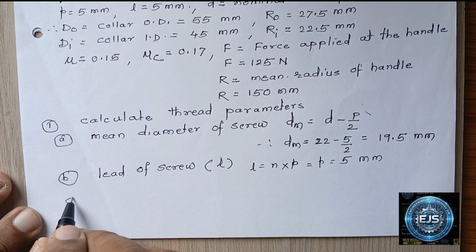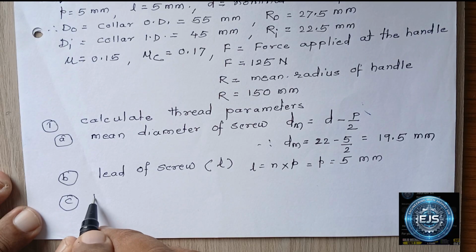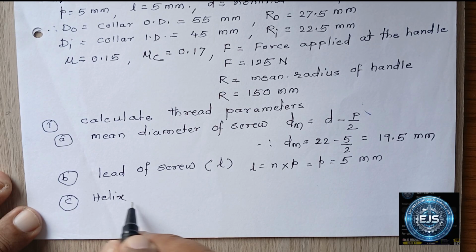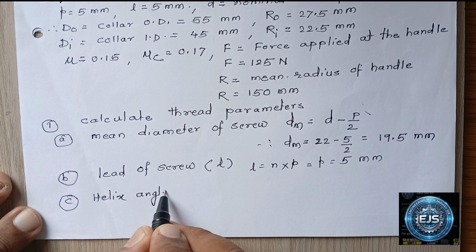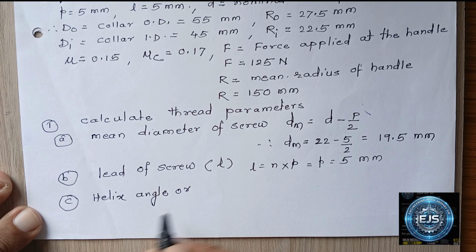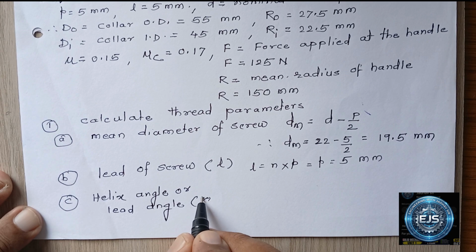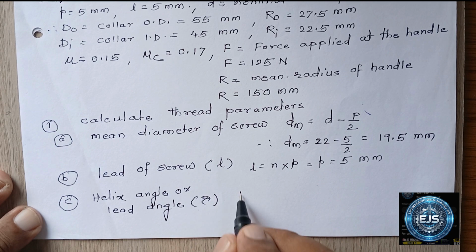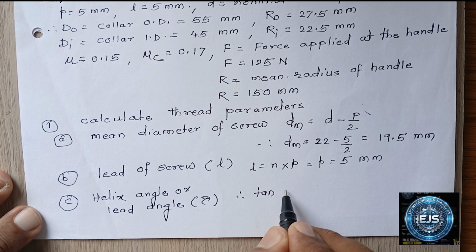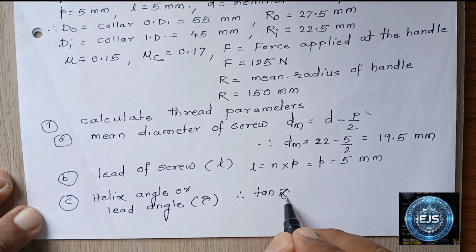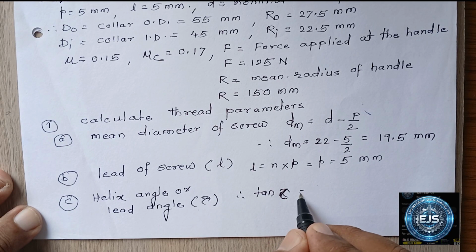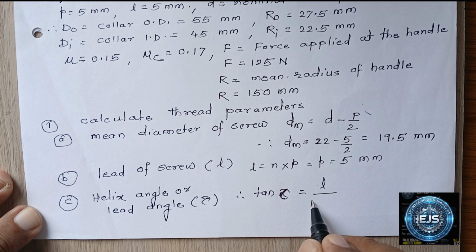Then we have to calculate the helix angle, or it is also called the lead angle, lambda. So tan of lambda is equal to lead divided by pi into dm.